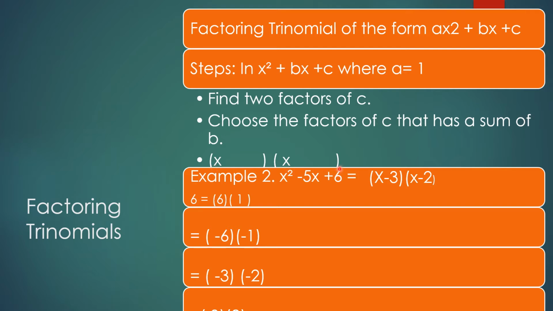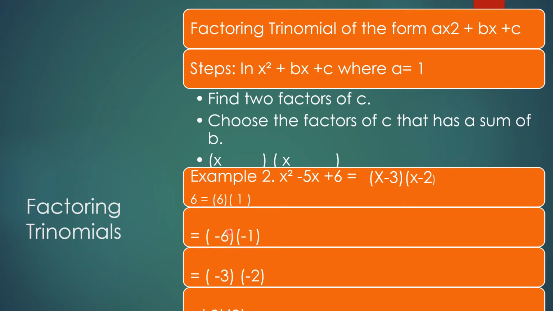Now, ano yung value ng c? 6. So, alamin natin ngayon kung ano yung mga factors ng 6 na pag ang inadd natin, ang sagot ay negative 5. 6 times 1, that is 6. Pag inadd natin, 7. Ito naman, negative 6 times negative 1, that is positive 6.